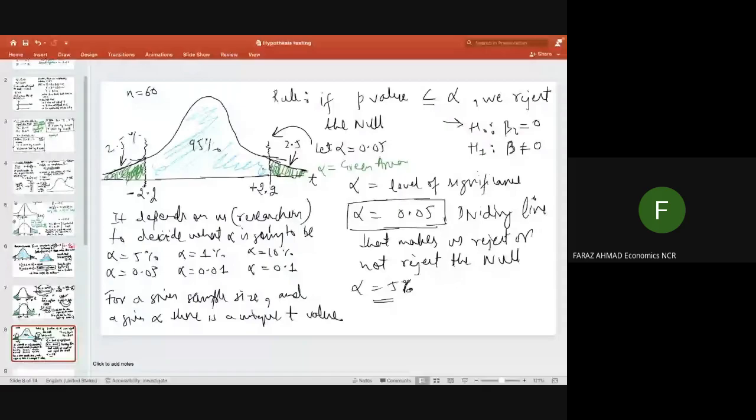So for example, I gave it 2.2. I mean, it may not be 2.2 for a sample size of 60. I have to see the table for that. But I'm just explaining to you that there is a t value that divides the area under the curve into two parts, 5% and 95%. So for a given alpha, there is a dividing line that divides the area into two parts, and that line corresponds to a t value.